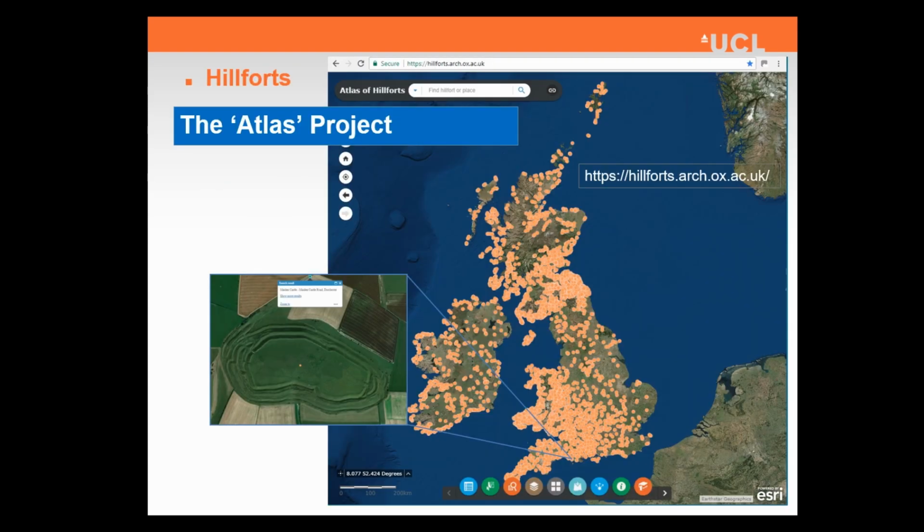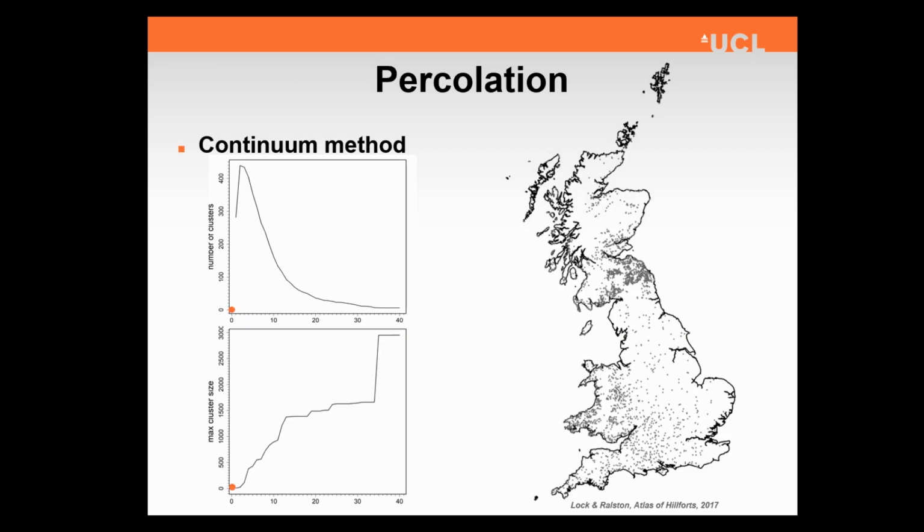Very brief recap. This is the data that I'm using. This is the Atlas of Hill Forts project, which Gary Lock has been a key mover and driver for. Fantastic data set. So looking at some metrics here, we have two measures, one of which is the number of clusters for the percolation radius. And this here is the maximum cluster size against radius. And you'll see that this progresses, there are some interesting transition points.